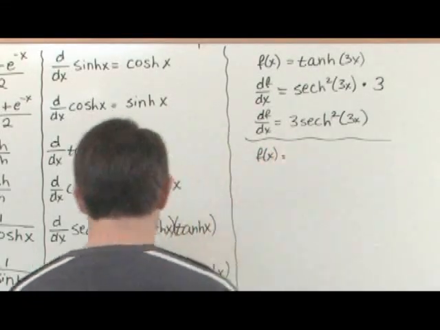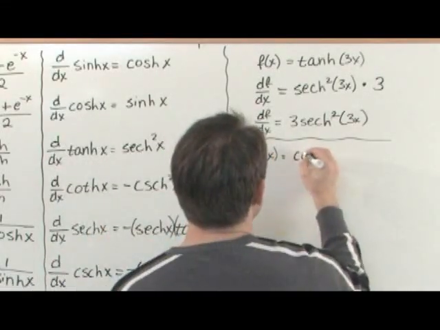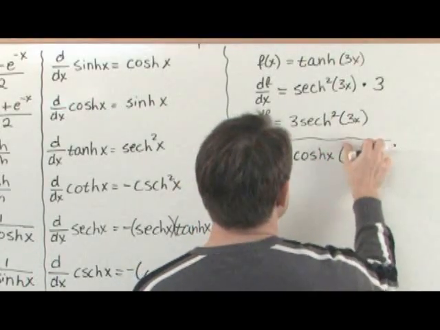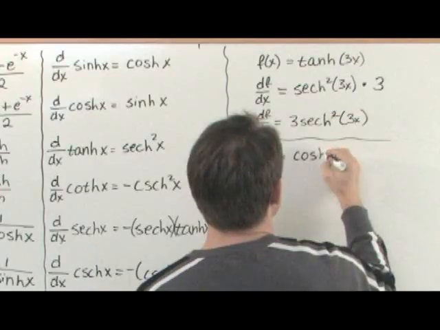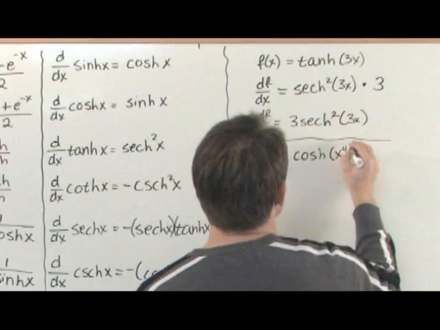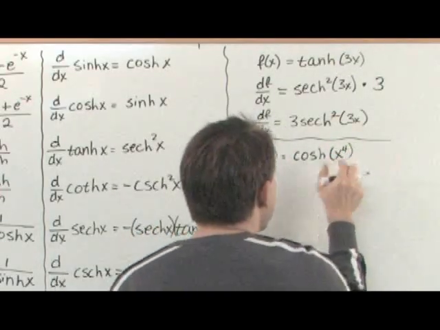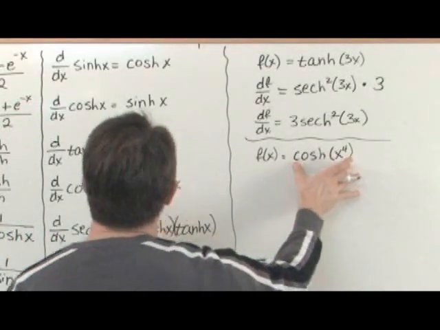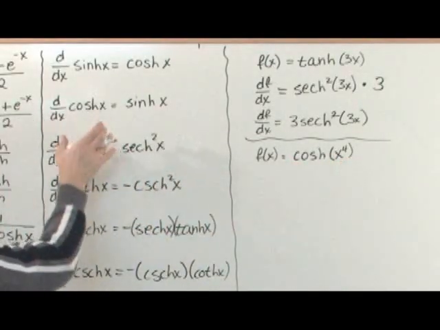Okay, what if you had another function, hyperbolic cosine of x to the 4th power? Well, you do the same thing. I have a hyperbolic cosine, so I come over here and see what function applies.